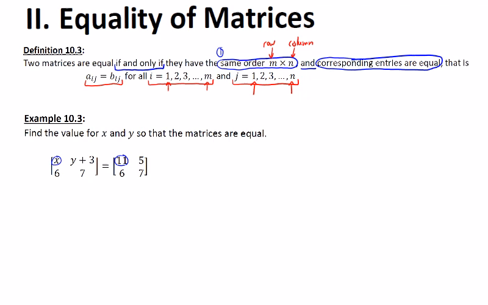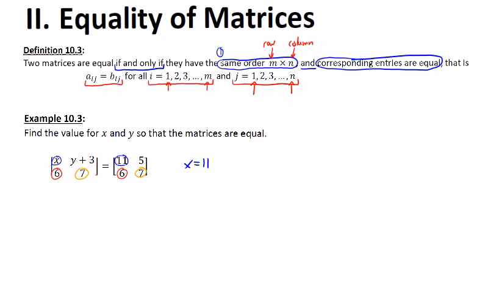If these matrices are in fact equal, then x would also have to be 11 in order for this to be true. If I go to the 2,1 entry, second row, first column, I see a 6 and a 6, those match. If I go to the 2,2 entry, I see 7 and 7, those match.